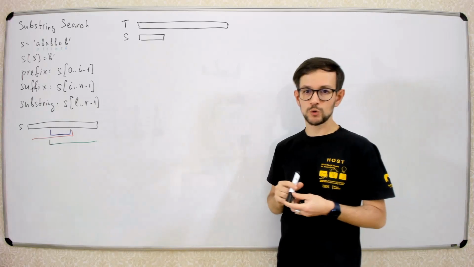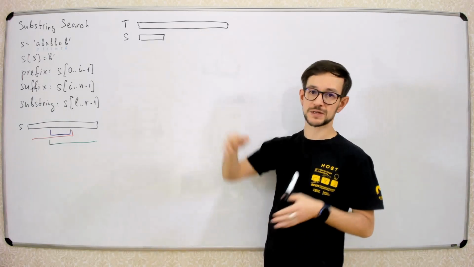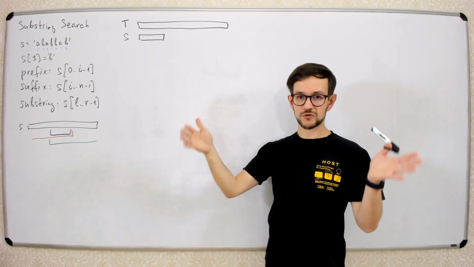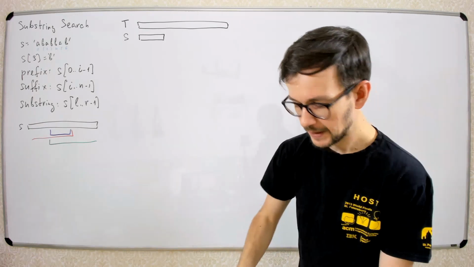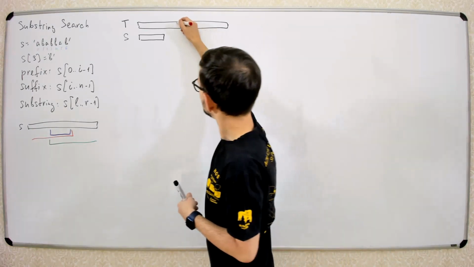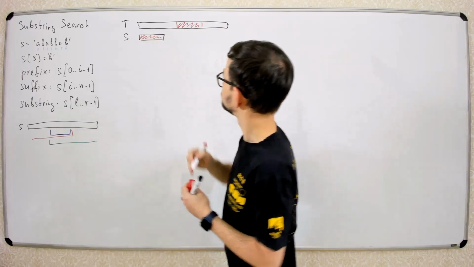What you need to do is to find this string in this text. If you consider this text as a string, you need to find some substring of t which is equal to s. So in this text, we need to find some substring which is exactly the same as your string.